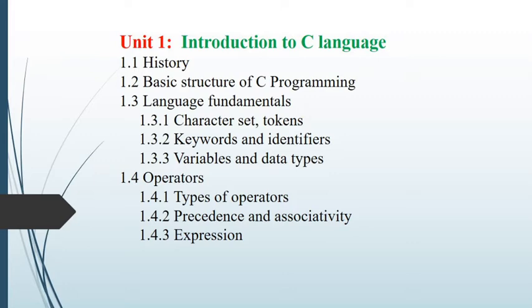This is one of the grammatical structures of C programming. Then operators, types of operators, operator precedence and associativity, and expressions in C language. These are the basic introduction of C language.